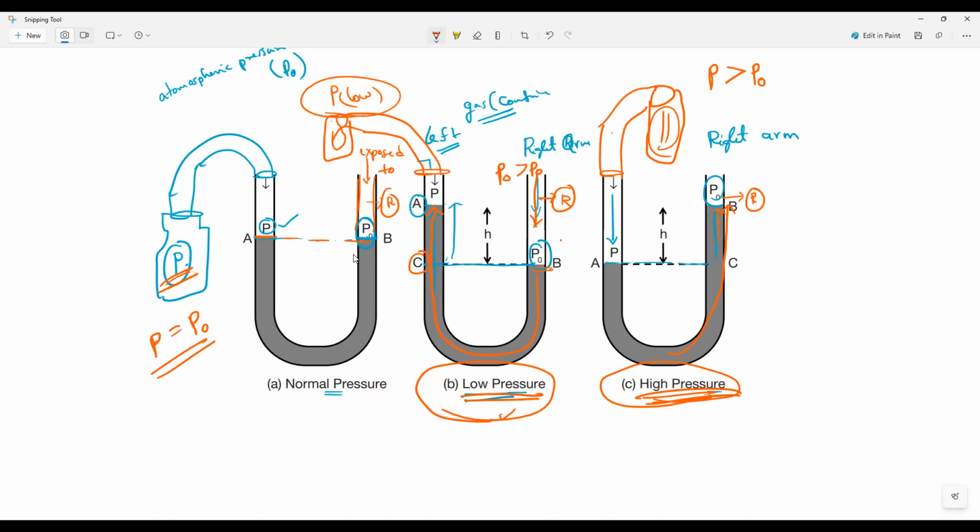I said C is considered an equal level point in the left arm, equal to level B in the right arm. Okay. So that is what you have to remember.